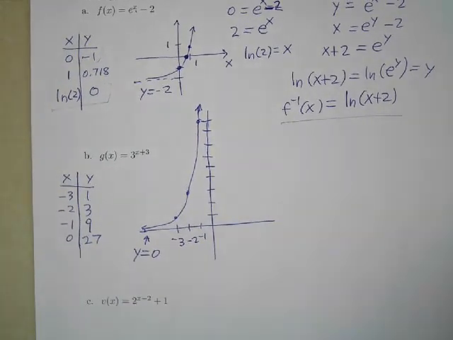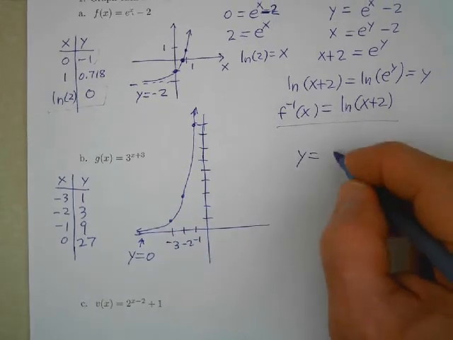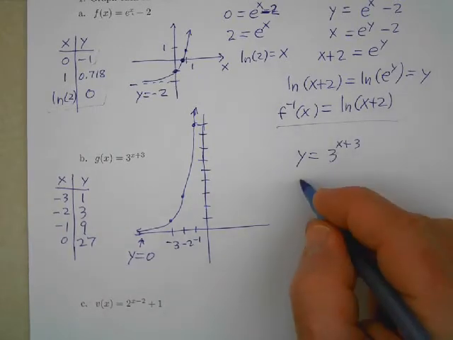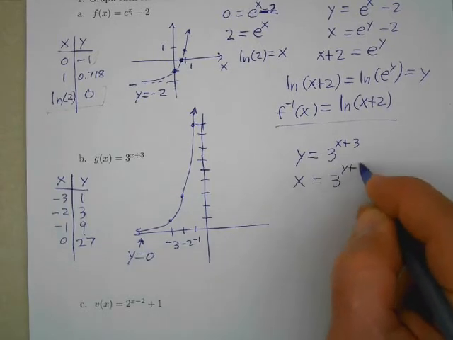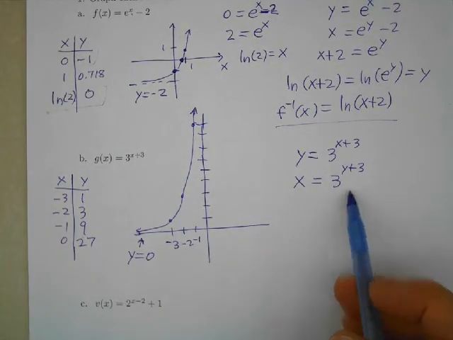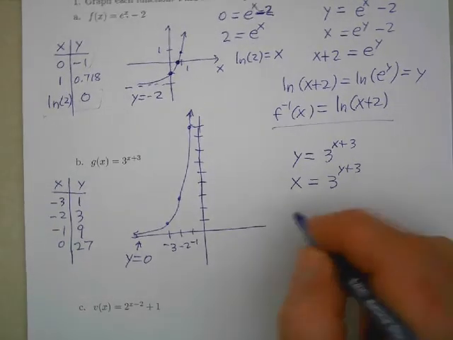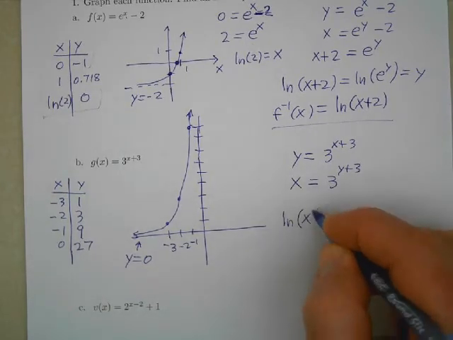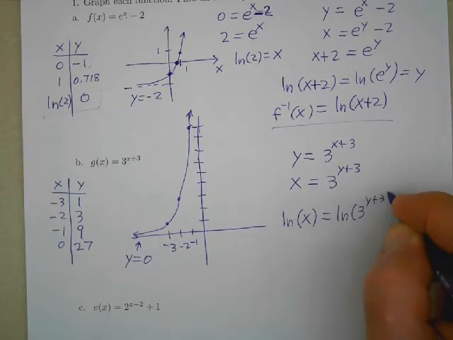Okay, then to find the inverse, replace g of x with y, so we get y equals 3 to the x plus 3. Then interchange x and y, x equals 3 to the y plus 3, and then solve this for y. So we can use any logarithm we want. We can use the natural log, take the natural log of the left-hand side and the natural log of the right-hand side, 3 to the y plus 3.